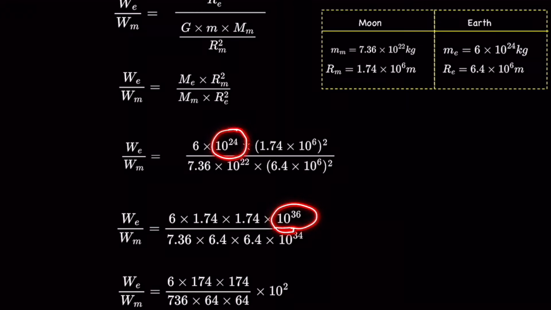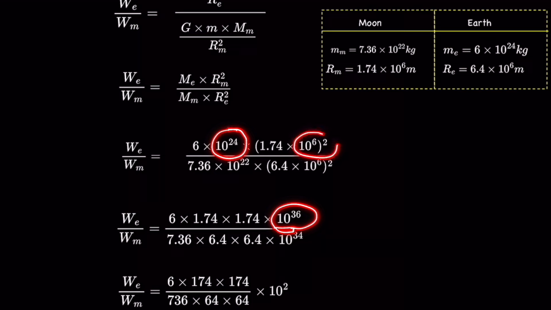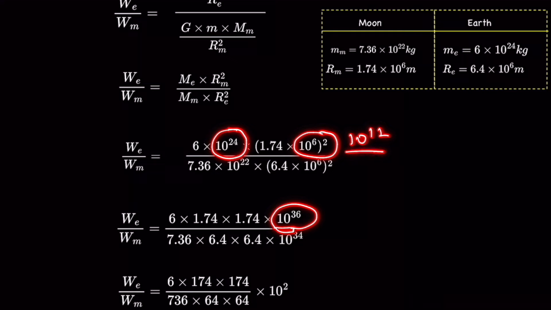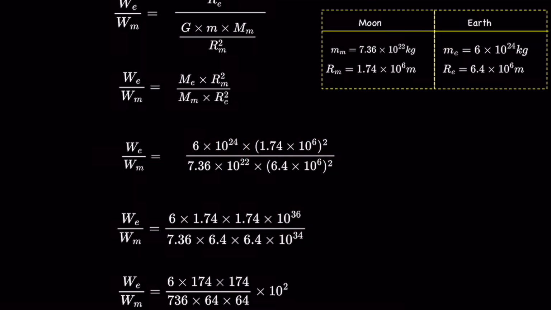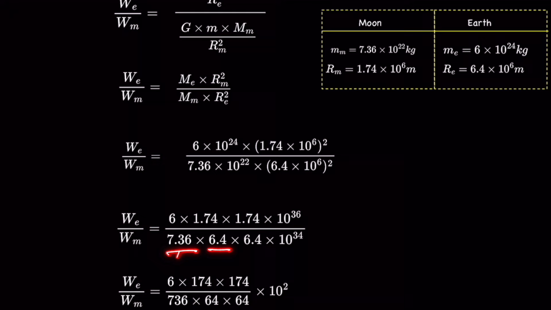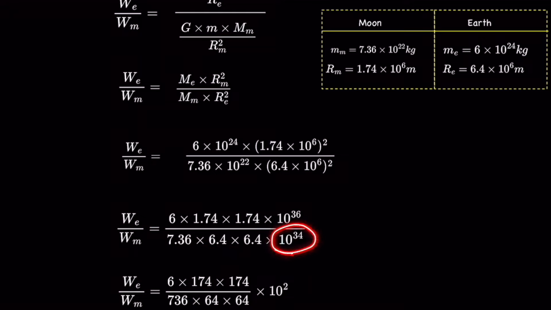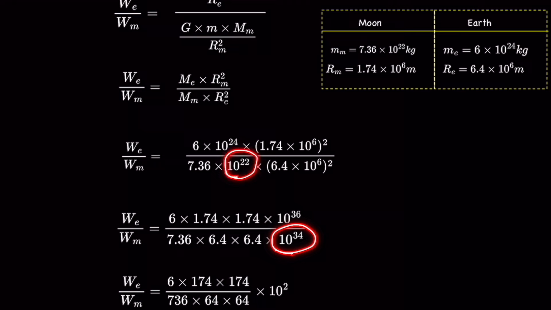Here it is 10 to the power 24, and 10 to the power 6 into 2 is 10 to the power 12. So 10 to the power 24 into 10 to the power 12 is equal to 10 to the power 36. It is divided by 7.36 into 6.4 into 6.4, because it's a square, into 10 to the power 34. Same way, this is 10 to the power 22 into 10 to the power 12. It's equal to 10 to the power 34.